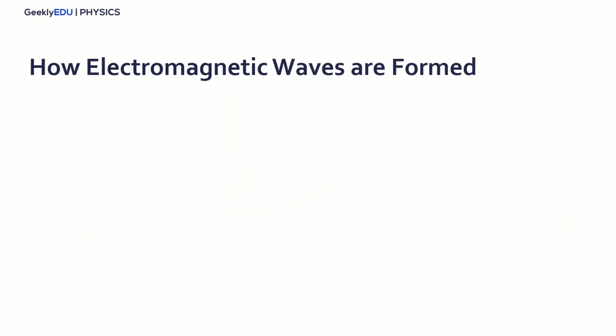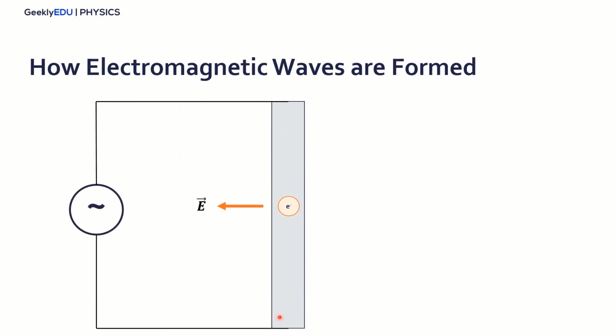So how are these electromagnetic waves formed? Let's start by thinking about a point charge, an electron here, and this electron emits an electric field around it. We represent it with this vector E. Now, let's put this electron in a metallic bar and attach it to an alternating current source.